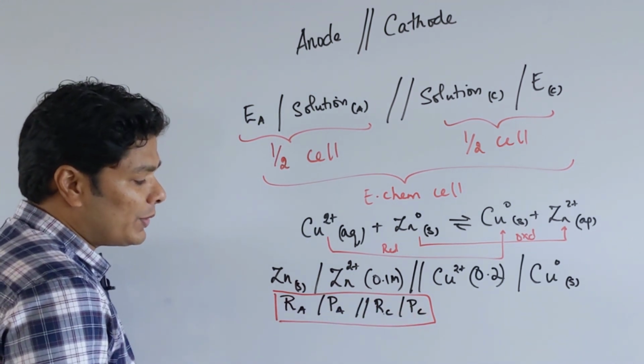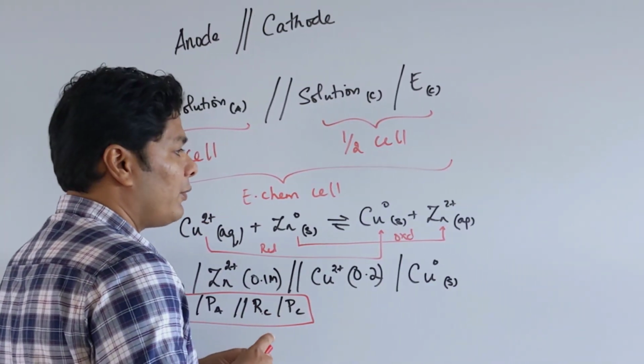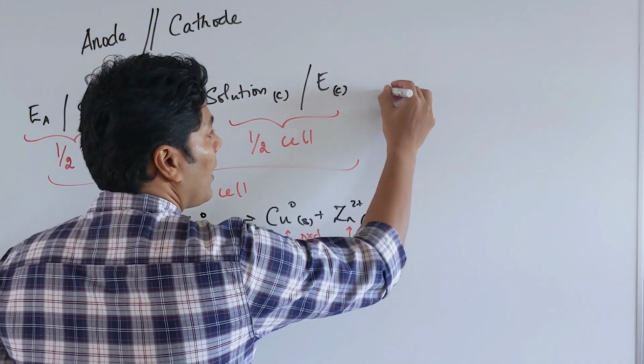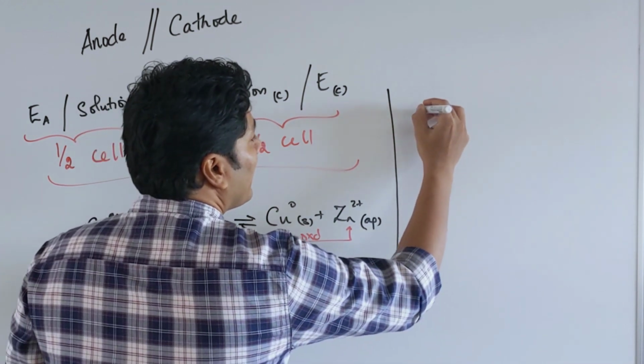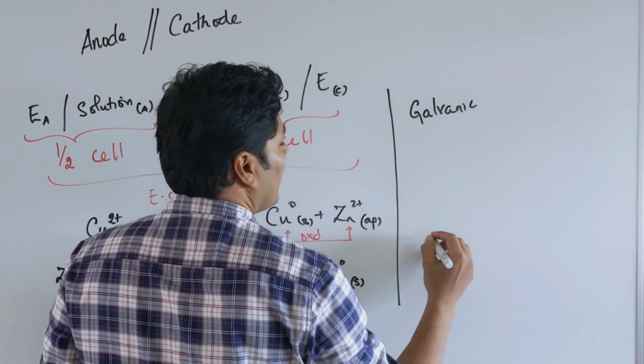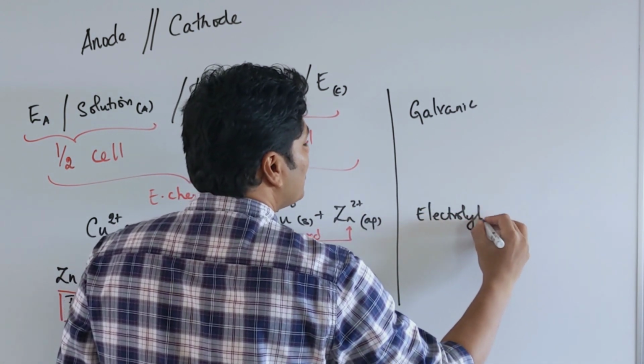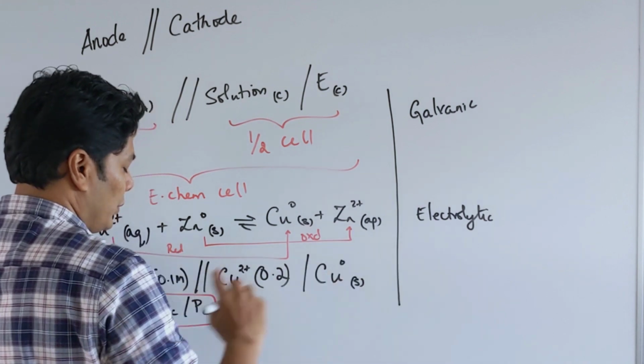Now what else can you do is, once you have this, I am going to rewrite it here. So it does not change between galvanic cell and electrolytic cell. It is common.